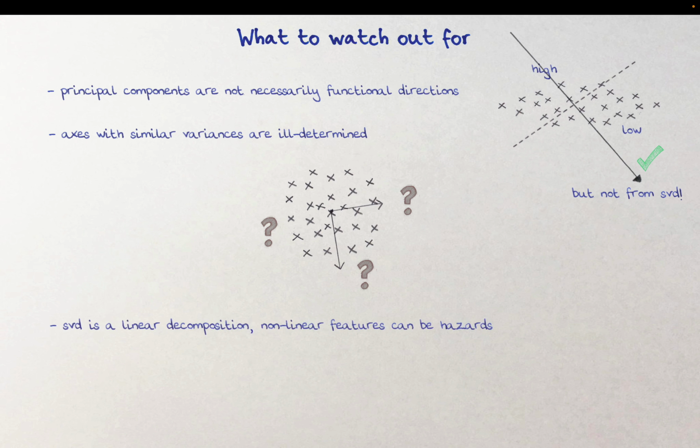And then finally, SVD is a linear decomposition, which means that the nonlinear features can be hazardous when it comes to interpretation. So this is something to be quite careful about. If we have a path here, which could theoretically be expressed as a linear pathway, then it's going to come up with two basis vectors.